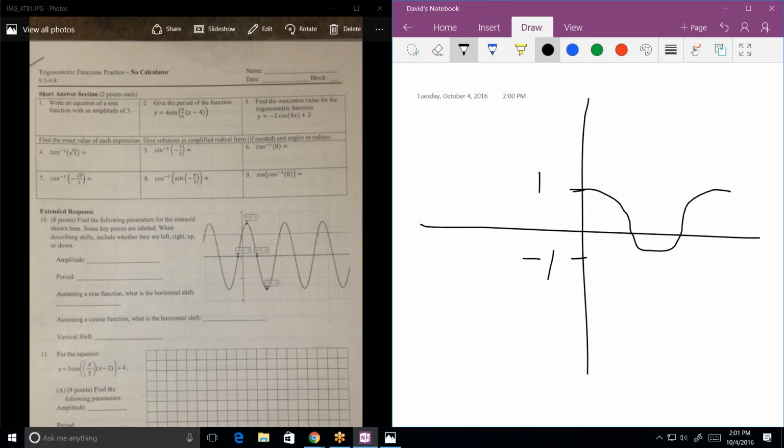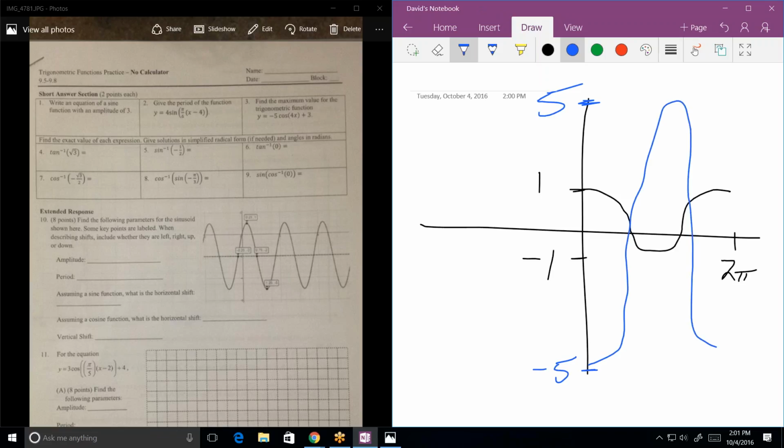That's y equal cosine x. And now let's look at y equal -5 cosine x. I'm going to draw that in blue. Well, that's going to go from -5 to +5, and it's going to be a reflection. So it's going to look something like this.